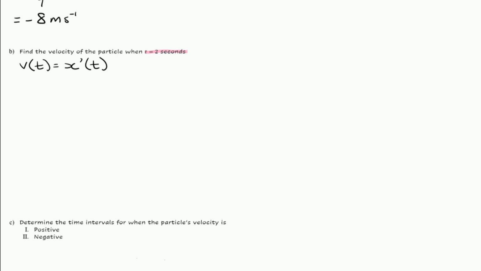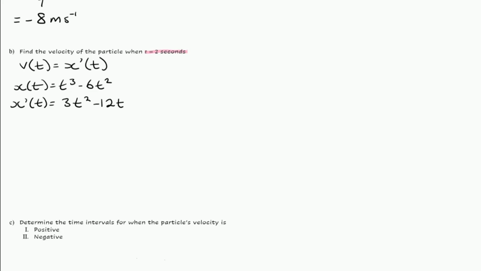So I'm going to derive my x of t, which was t cubed take away 6t squared. Deriving this to give me my velocity function gives me 3t squared, take away 12t.